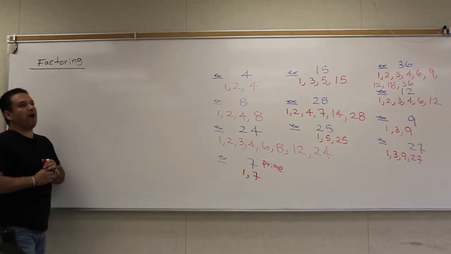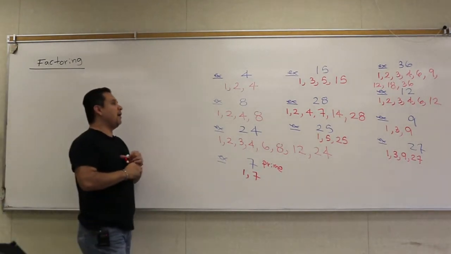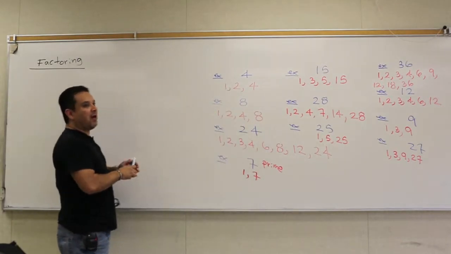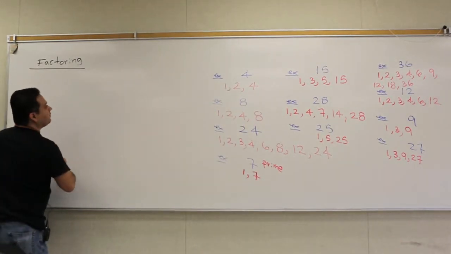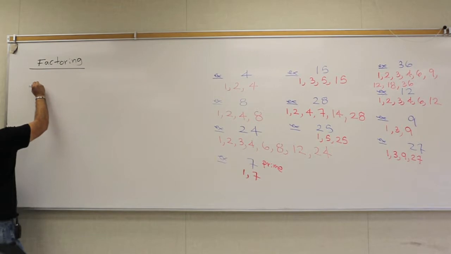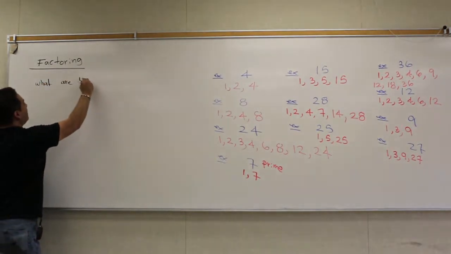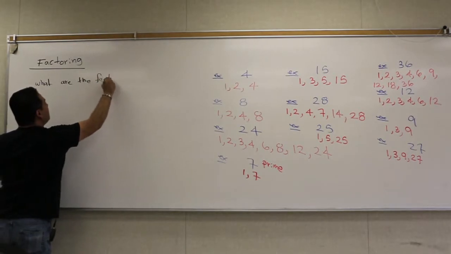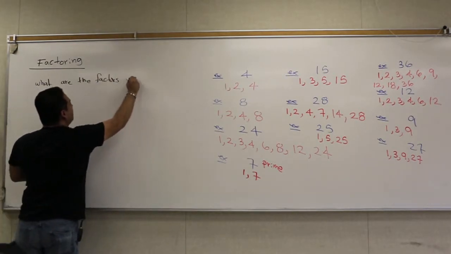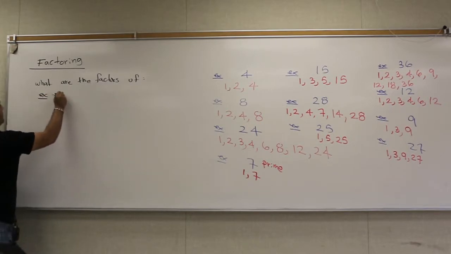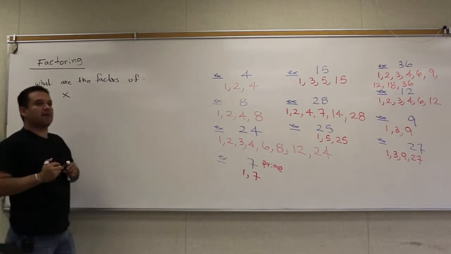Now let's see if you're really awake. We're listing factors of numbers. But what I'm going to ask you guys now is, what are the factors of the variable x?